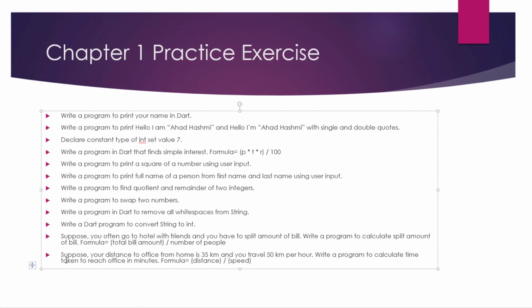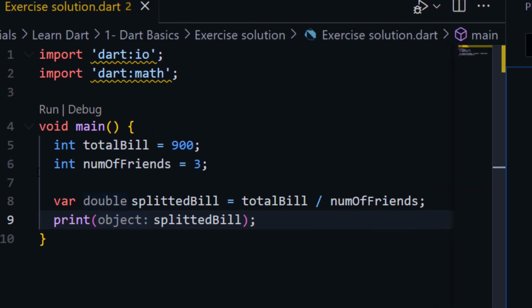The last one is, suppose your distance to the office from home is 35 km and you travel at a speed of 50 km per hour. Write a program to calculate the time taken to reach the office in minutes, right? In minutes. The formula is given, distance by speed, right? Let me show you.